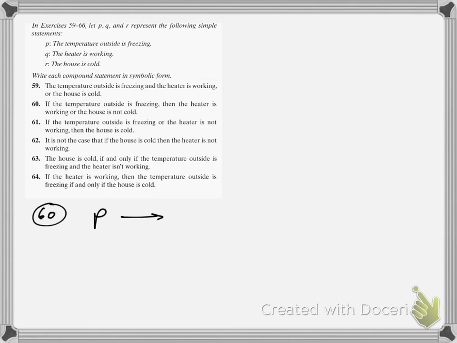Then the heater is working or the house is not cold. So I'm going to want to put this whole thing in parentheses because there's a compound statement there that P implies, or if P, then this compound statement. And the compound statement is the heater is working, which is Q, or, this is or, the house is not cold.